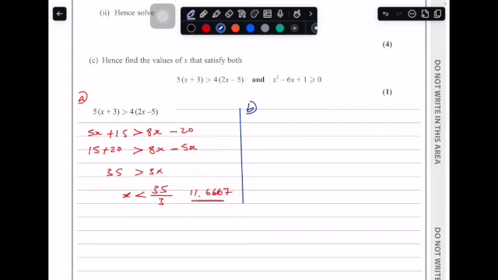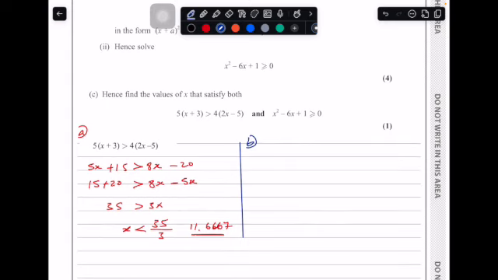We have a quadratic inequality, x squared minus 6x plus 1 greater than or equal to 0. When you start trying to factorize it, it won't factorize. So you have to use the completing the square form. So it will be x minus 3 all squared minus 9 plus 1 equals 0.